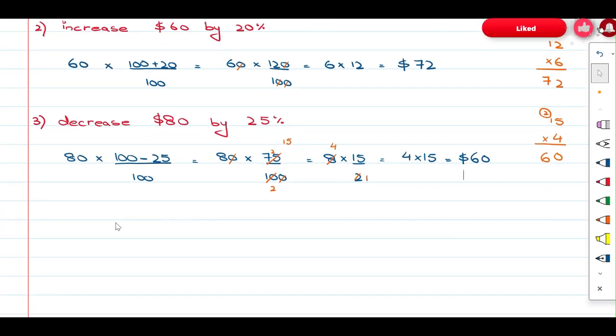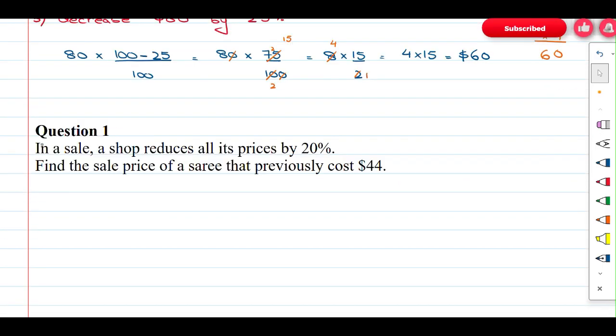The first question is: in a sale, a shop reduces, reduce means decrease, all its prices by 20%. Find the sale price of a sari that previously cost $44. Previously cost means $44 is the old price of that sari, right?